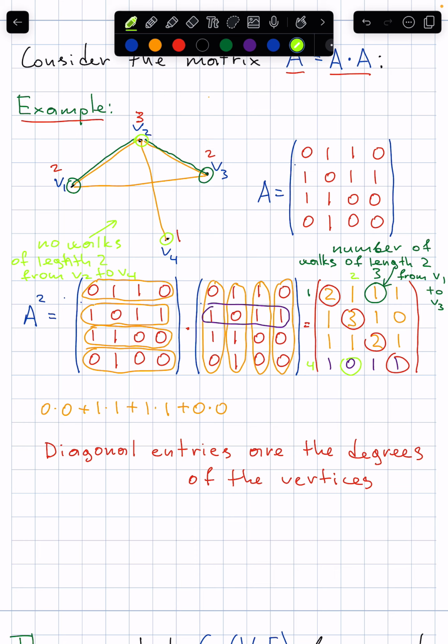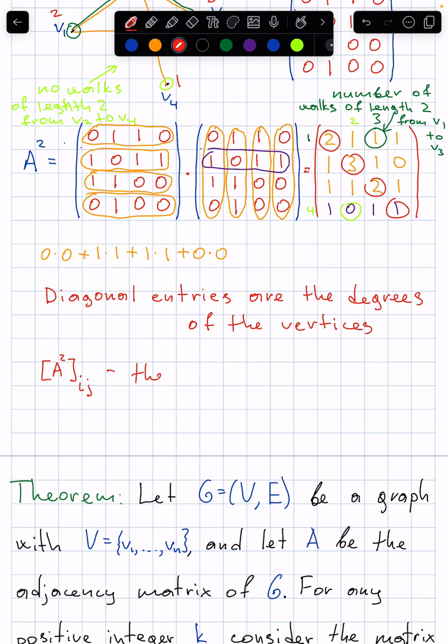Furthermore, let me write it: if you take A squared, entry ij, that is going to be the number of walks of length 2 from Vi to Vj.